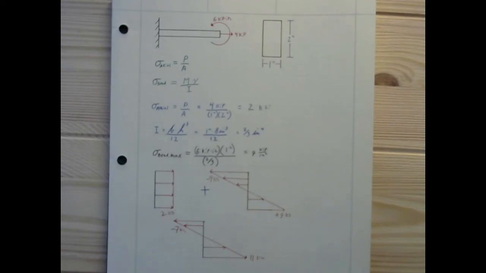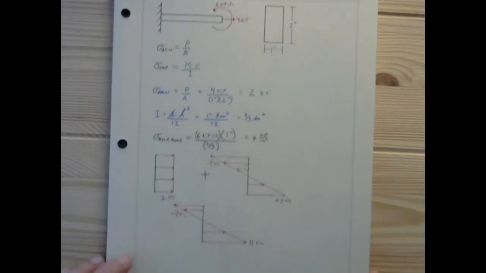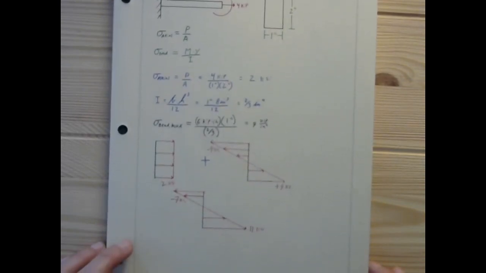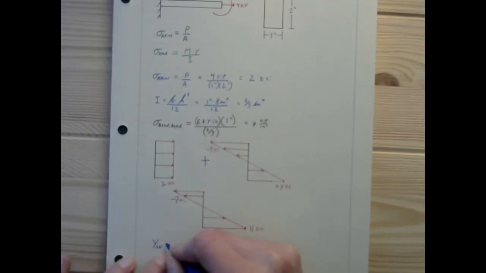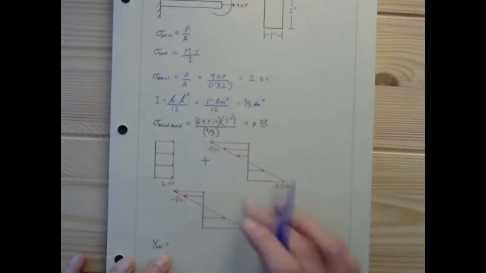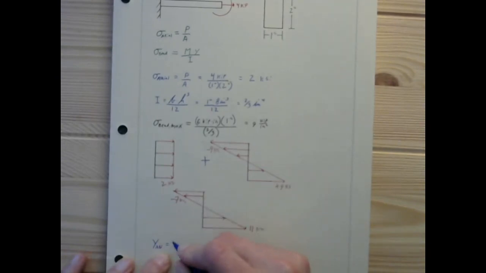All we have to do, though, to find this neutral axis is say, let's scroll this up so that you can see, that the location of the neutral axis is going to be where the stress is 0.